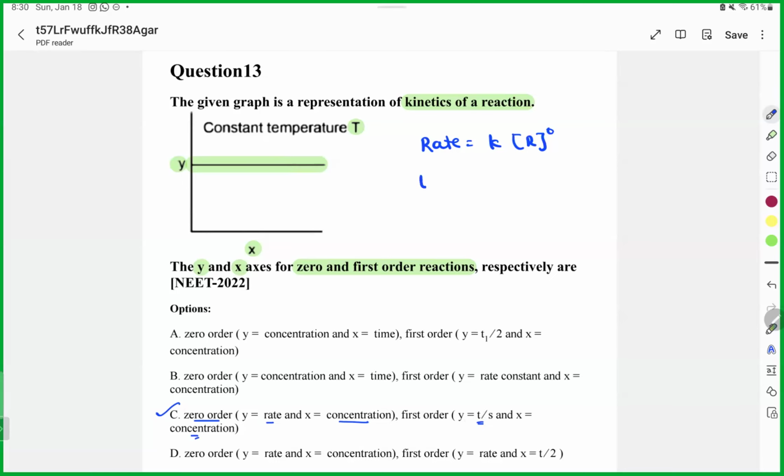It is asking T1 by 2 will be equal to 0.7 by K. Correct? Half lifetime does not depend upon the concentration. The only thing is this is incomplete. It should be Y is equal to T half lifetime. Done? Understood?